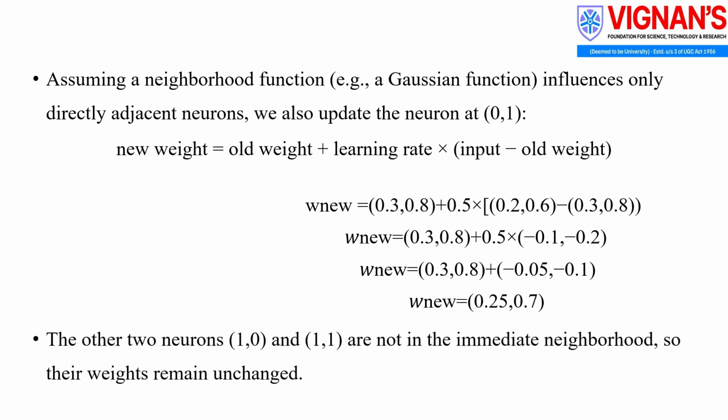Therefore, the updated weight for the neighboring neuron becomes (0.25, 0.7). The remaining neurons at positions (1, 0) and (1, 1) are outside the immediate neighborhood, so their weights stay the same and are not updated during this step.